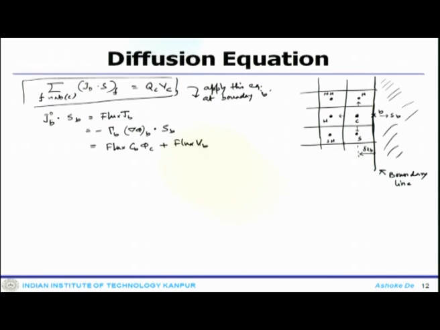Now, the specification of boundary conditions will be different. So, number 1, it could be the Dirichlet condition.